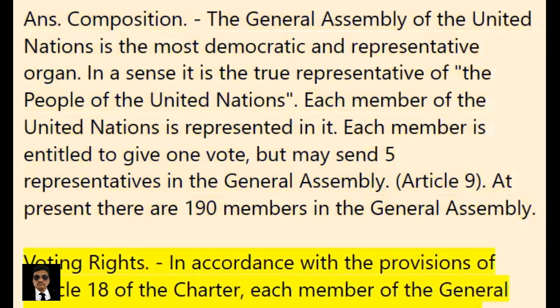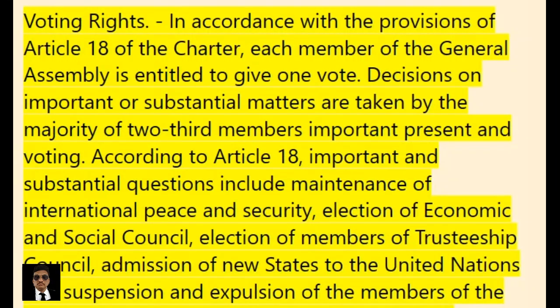Voting rights. In accordance with the provisions of Article 18 of the Charter, each member of the General Assembly is entitled to give 1 vote. Decisions on important or substantial matters are taken by the majority of 2/3 members present and voting.